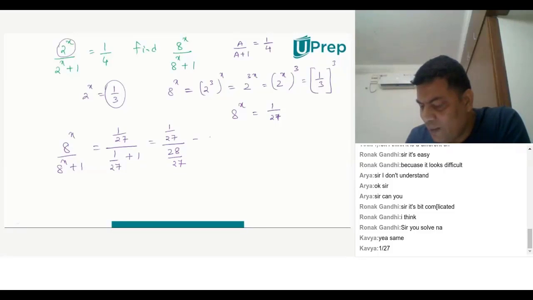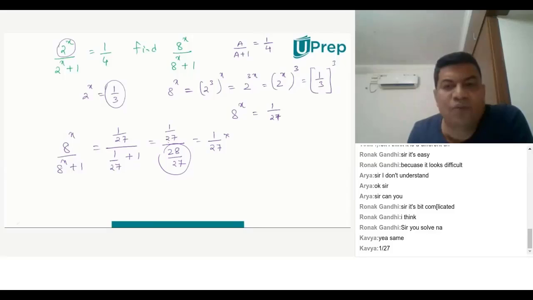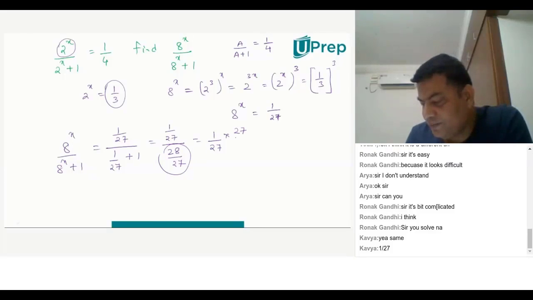Therefore, that is 1 by 27 multiplied with the reciprocal of the denominator, so it will be 27 by 28. 27 and 27 get cancelled. So it's 1 by 28. Brilliant. Very good job, Arya.